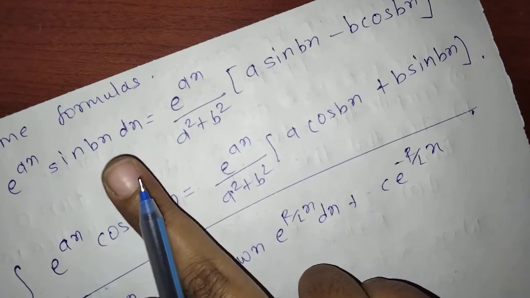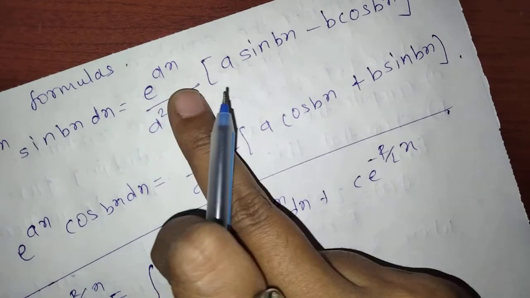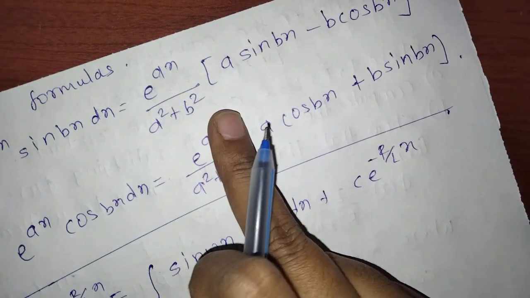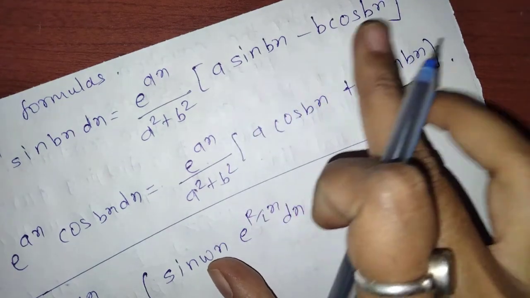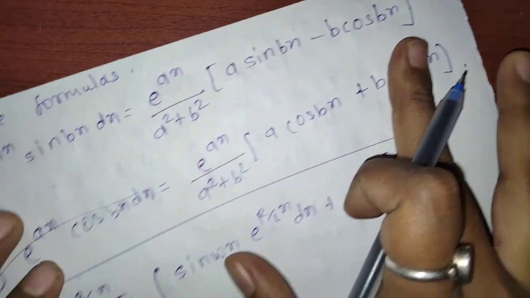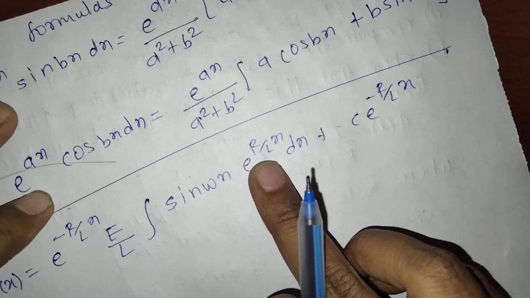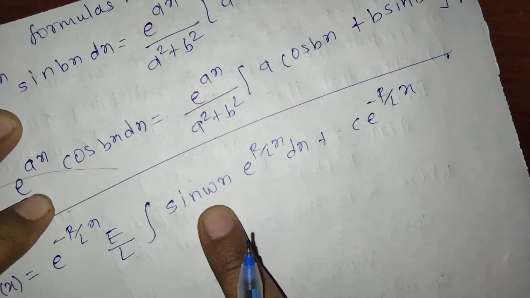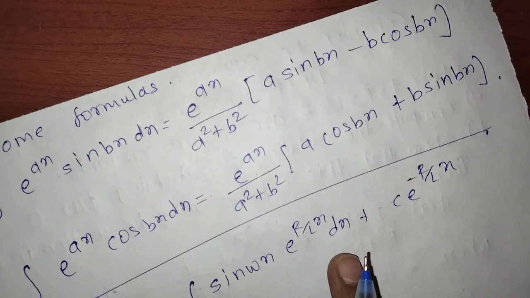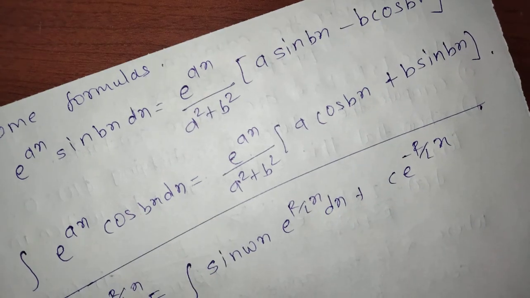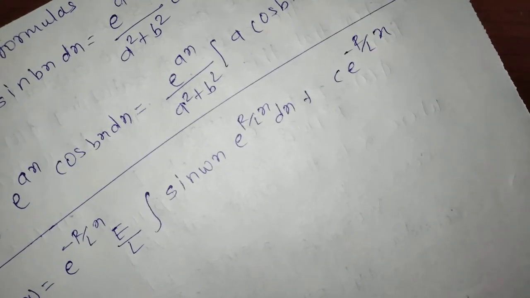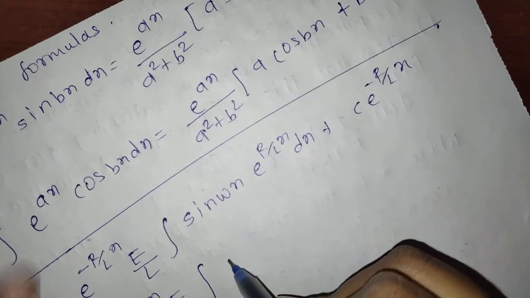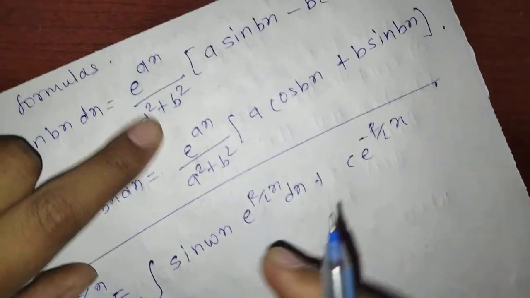So we know the solution of this form is e raised to ax upon (a squared plus b squared) into (a sin bx minus b cos bx).